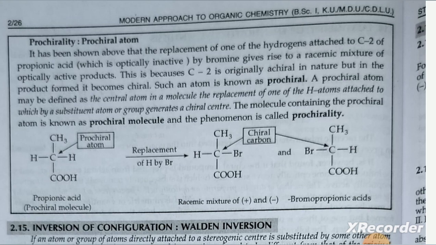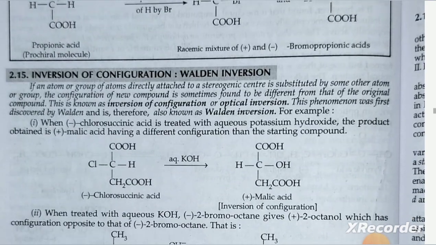A prochiral atom may be defined as the central atom in a molecule, the replacement of one of the hydrogen atoms attached to which by a substituent atom or group generates a chiral center. The molecule containing the prochiral atom is known as a prochiral molecule and the phenomenon is called prochirality. Propionic acid, a prochiral molecule: replacement of H by Br gives rise to a racemic mixture of plus and minus bromopropanoic acid.